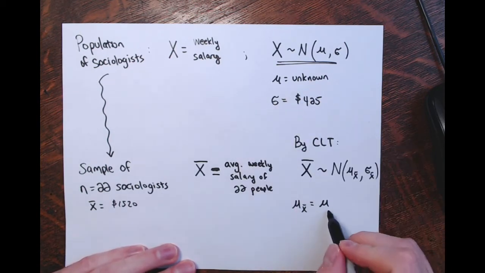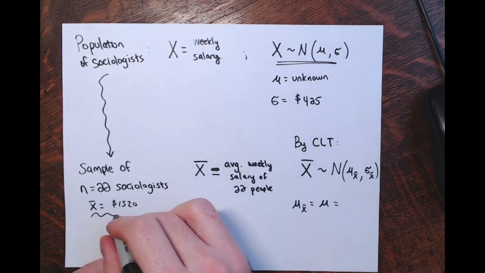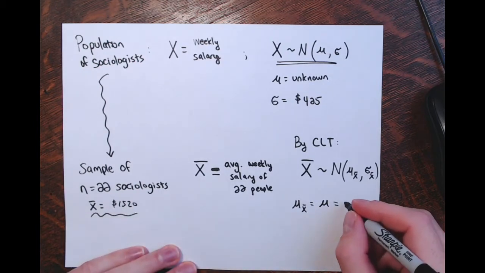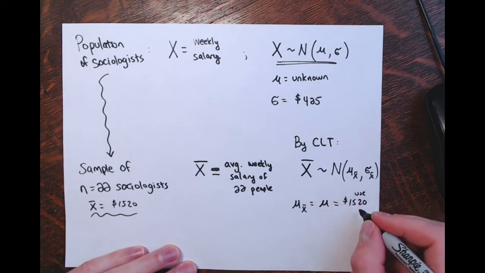So we use a point estimate. Our first guess as to what mu is is our sample mean, $1,520.